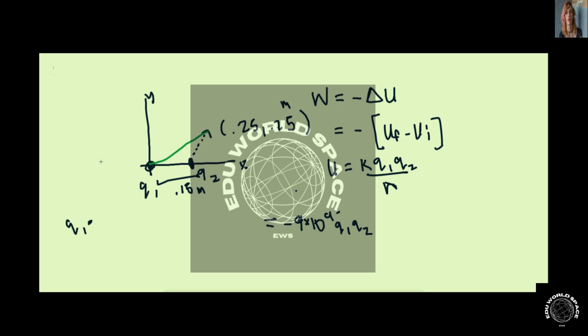So Q1 is 2.4 times 10 to the minus 6 coulombs. Micro is 10 to the minus 6. And Q2 is 4.3 times 10 to the minus 6 coulombs. Are those the numbers I actually used in the calculation? I'm just going to double check. Indeed, I did use those numbers.